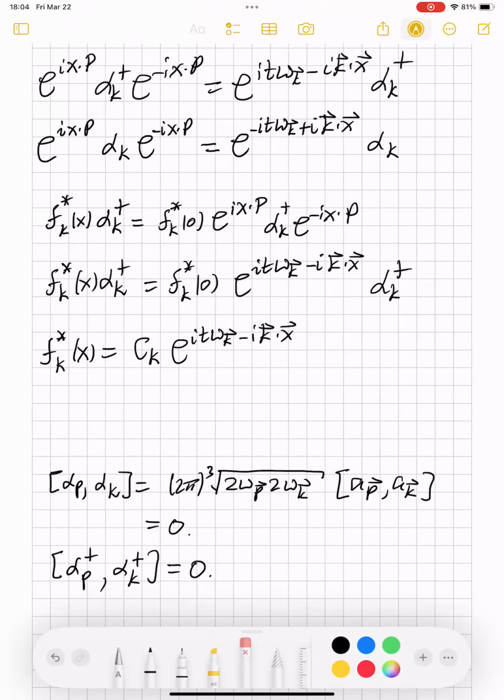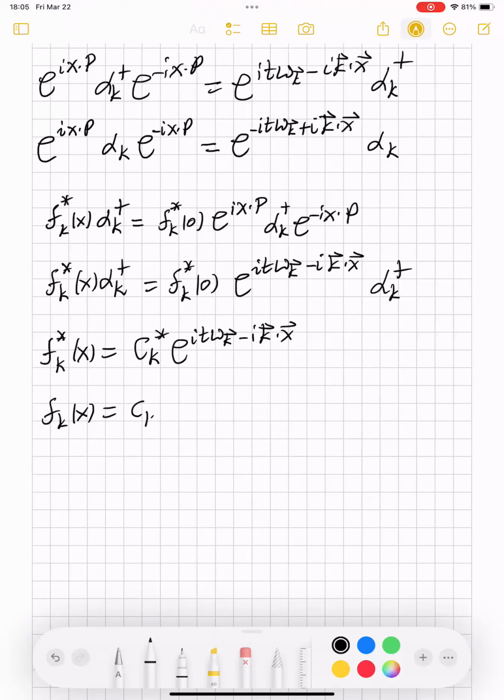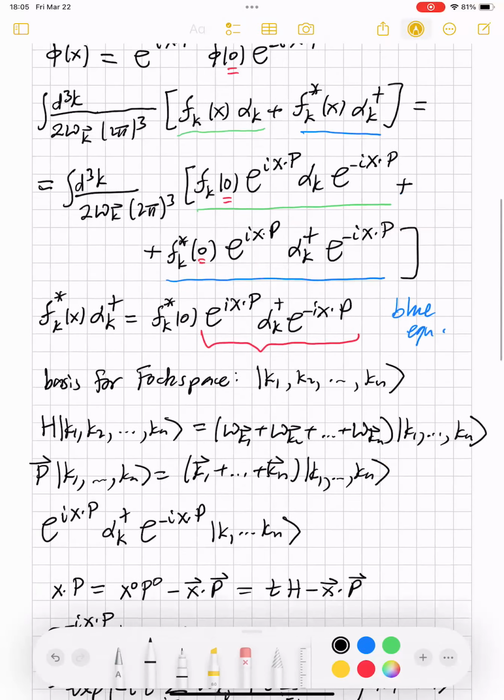And that means we have completely fixed the x dependence of our function fk star. If we simply complex conjugate that, what do we learn? Well, we learn that fk of x is equal to, I'm going to call this one complex conjugate, ck e to the minus it omega k plus i k dot x. So we've determined completely the x dependence of our field, as we said that we would.